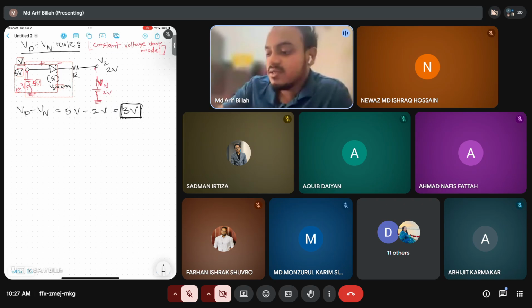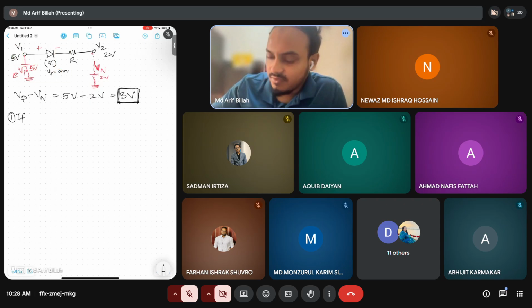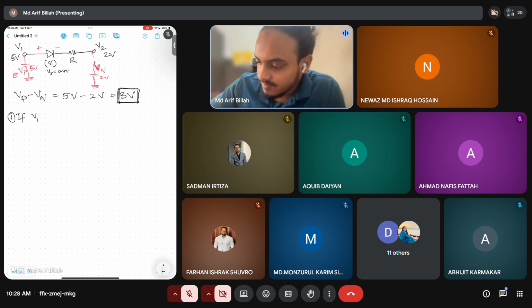So obviously this is forward biased and it conducts current. If we want to formalize it, মানে আমরা যদি সুন্দর করে এটাকে একটা ফর্মুলা আকারে লিখতে চাই, তাহলে we can write it like this: if VP minus VN is greater than V gamma. V gamma is the forward diode voltage.